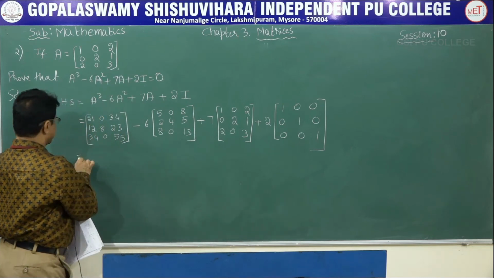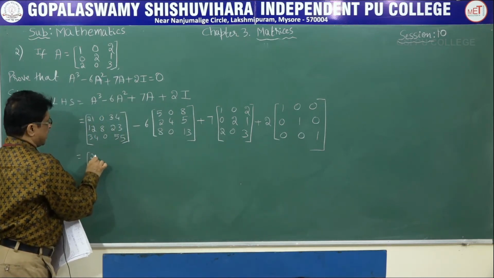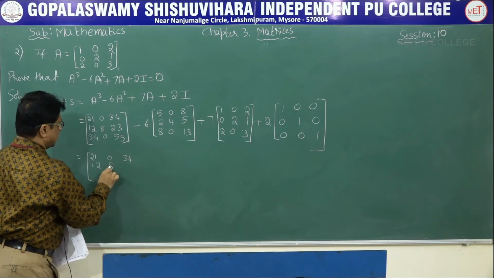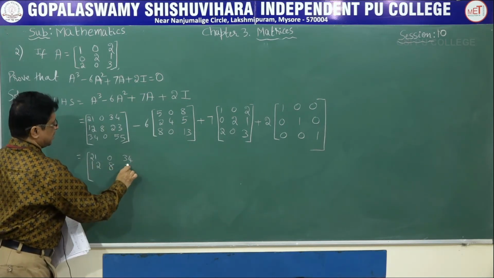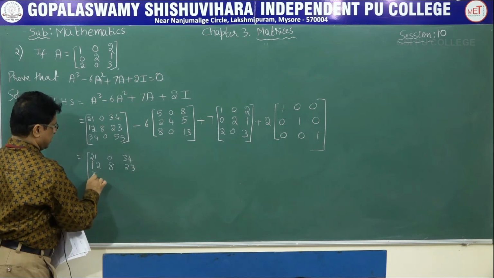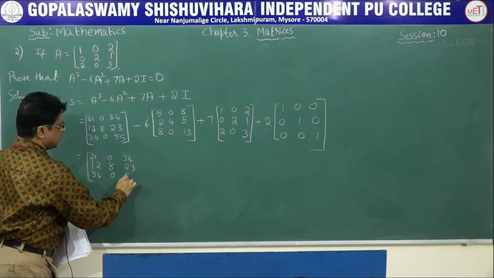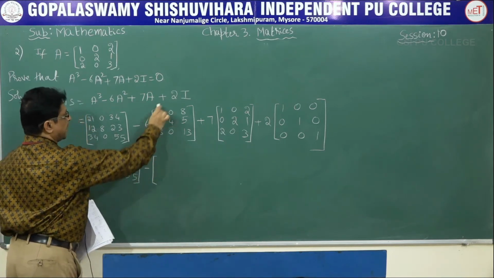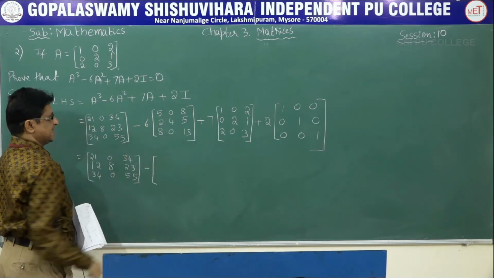So next step is 21, 0, 34, 12, 8, 23, 34, 0, 55, minus, we multiply the whole matrix by 6.